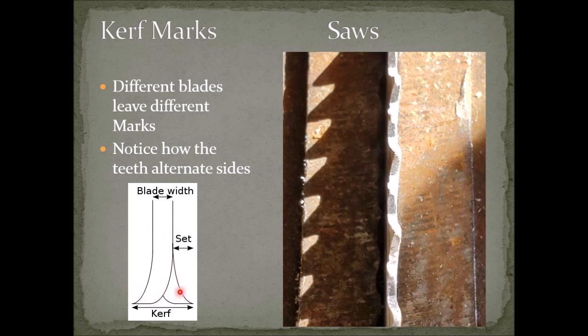Then, where the teeth are, you can see there's a channel down the middle. And the teeth are actually cutting out to either side. This forms a different bottom shape in the cut. And I'll show you alternative kerf cut shapes in a minute. But what that's showing us is a saw will have this distinctive shape.